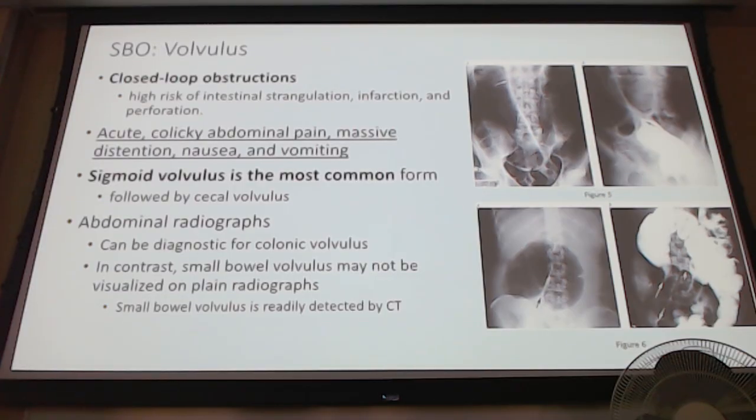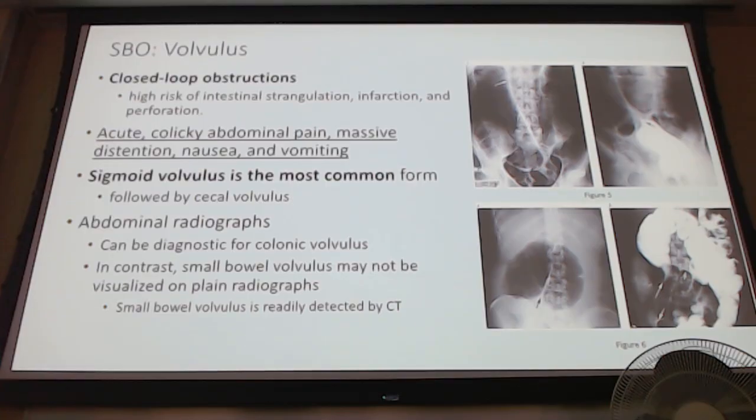Alright. Volvulus. We talked about this with acute abdomen as well. This is where it twists on itself. So closed loop volvulus. Basically you have a loop of bowel and it twists on itself at some point, and the middle that's twisted loses blood supply, as well as everything within that loop.